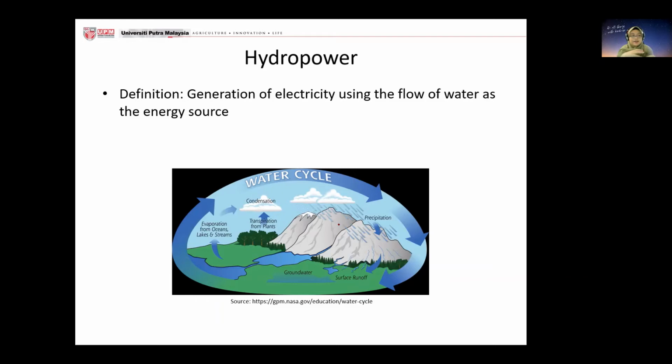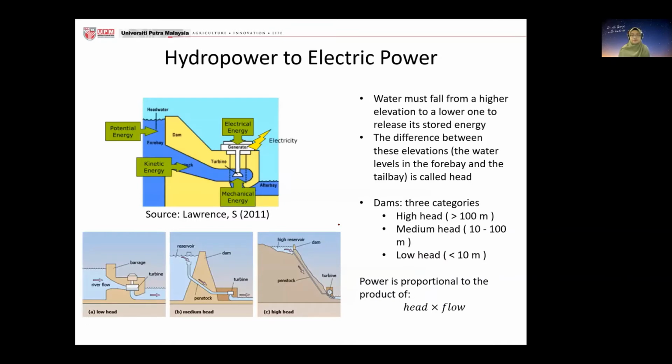And this is the potential energy that will be converted into electricity in terms of hydropower. So in hydropower, how exactly is electricity being produced? Of course, it uses, again, turbines.